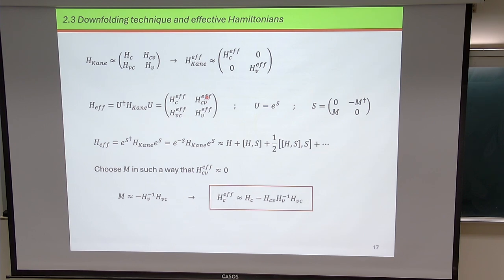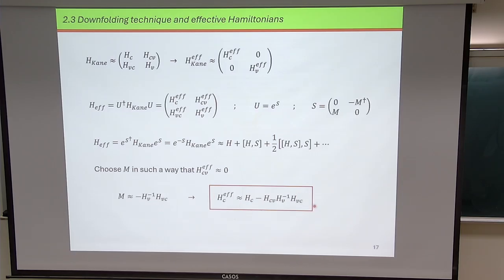In the lowest order approximation, what you will find is that this M is given by these matrices, H_B to the minus 1, and then H_BC. You put this M in this expansion here, and you get to the lowest order this expression.